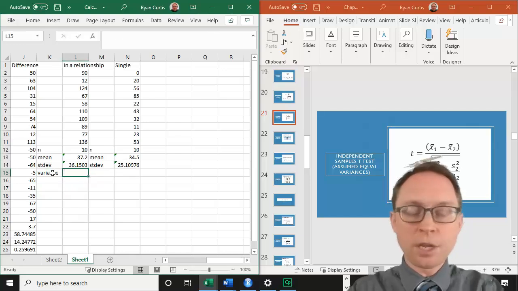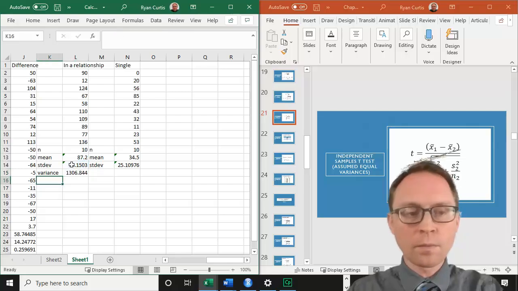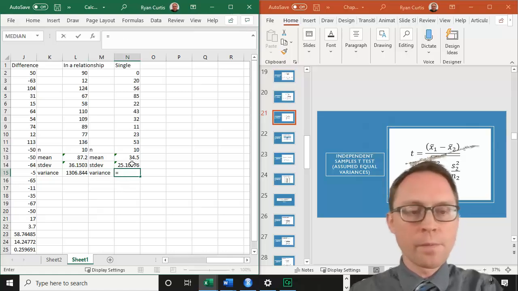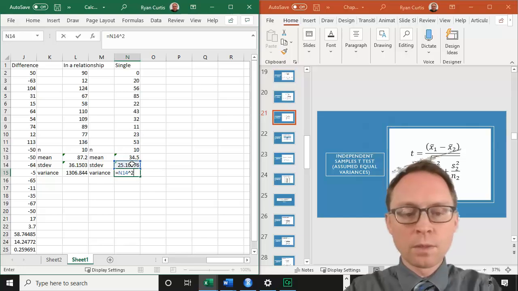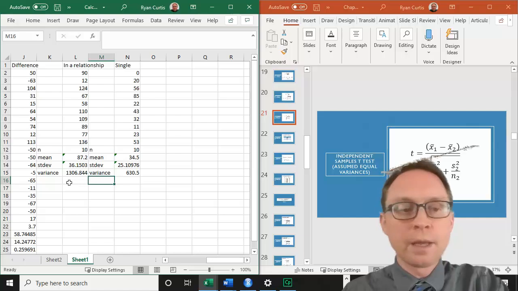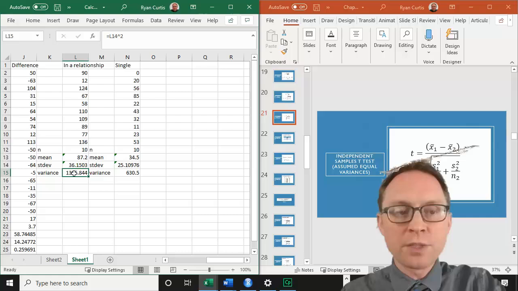So instead of just the standard deviation, now we need the variance. And that is just the standard deviation squared. Right? So here's the variance. Okay, there we go. Then we need to find the variance of the first group, so the variance of the people in a relationship divided by n, so divided by 10.